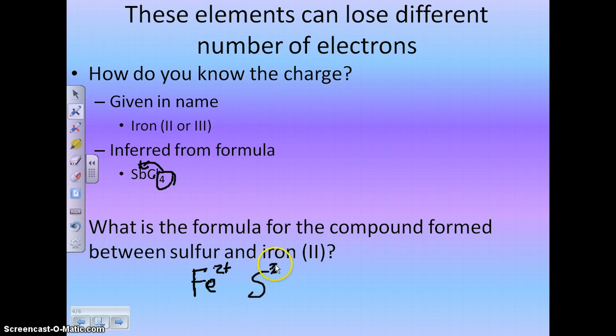Eventually, you have to get good at recognizing which one is positive and which one is negative first, because it'll save you some time. So I recognized that iron was positive, so I went ahead and put him first. You notice that you have 2 plus and 2 minus. Well, these are just going to cancel. So you're really just going to end up with a formula of FeS.